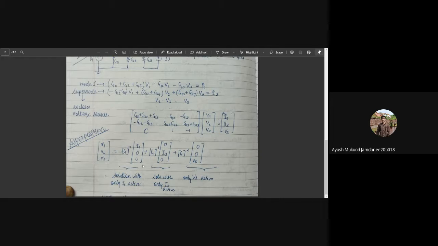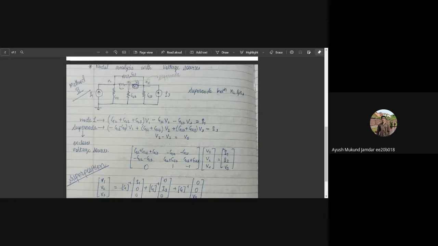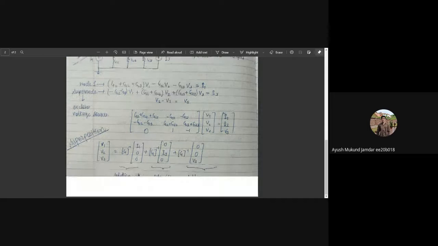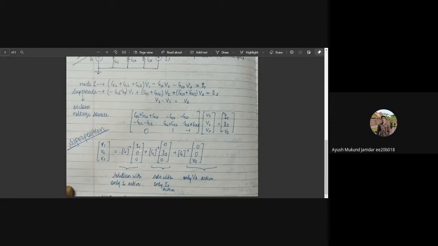This clearly means that the solution of this circuit, V1, V2 and V3, is basically the superposition of the solutions obtained with only one of the constant current or constant voltage sources active. That is, first keep I1 active, rest of them 0, then do it for I3, then Vs, and superimpose, that is, take a sum of all the solutions to get the actual V1, V2 and V3 voltages.